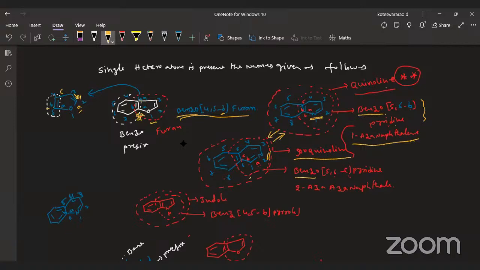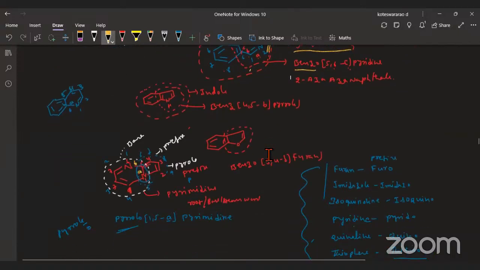Similarly, we have indole. Common names are used in most cases, but some cases require indicating the molecule with the IUPAC nomenclature system. Now, this is indole. Its IUPAC name is benzo[4,5-b]pyrrole. This is the labeling 1, 2, 3, 4, 5, but the original numbering is 5, 6, 7, 8.